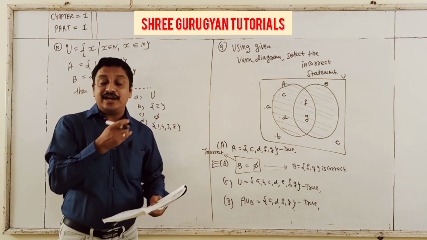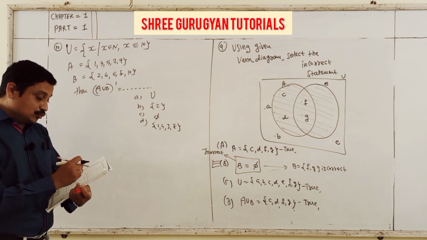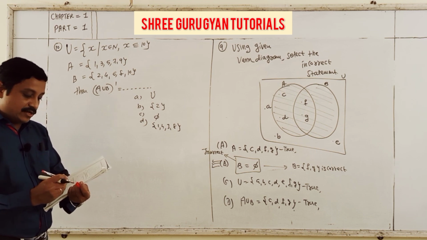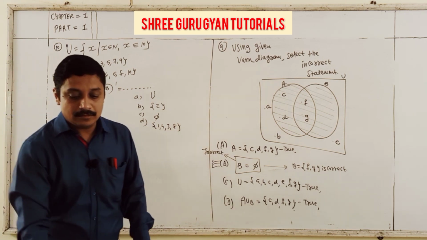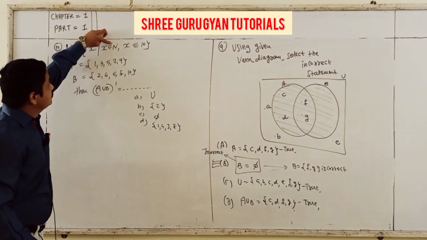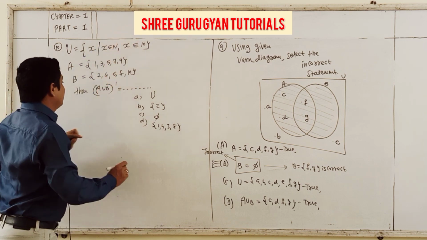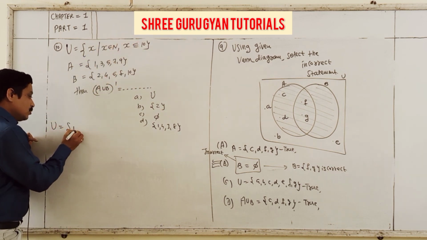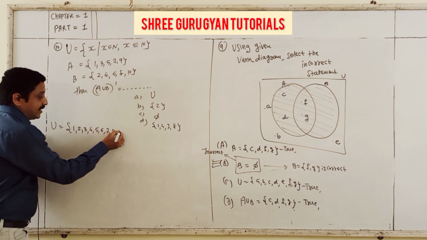Students, it's also a very interesting question. First of all, you tell me which elements are for U. Anyone? Elements for U? Natural numbers up to less than or equal to 10. So in U I have 1, 2, 3, 4, 5, 6, 7, 8, 9, 10.